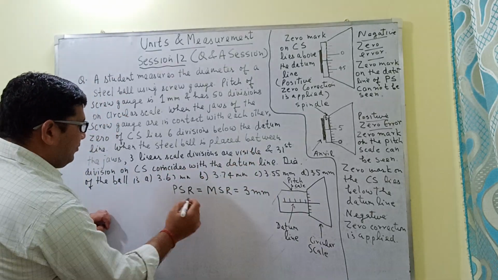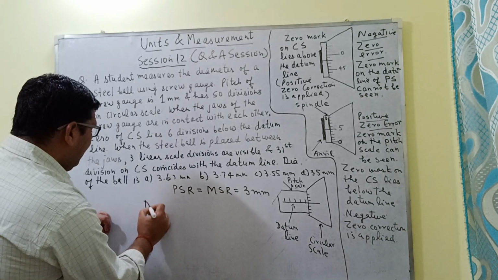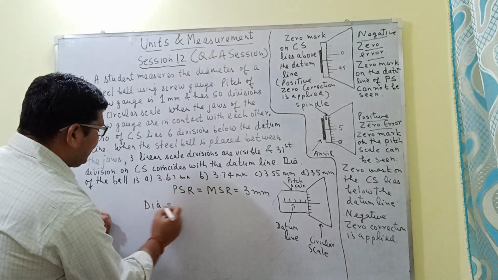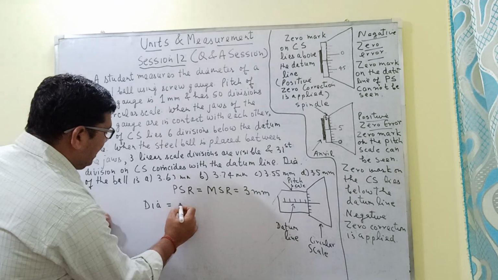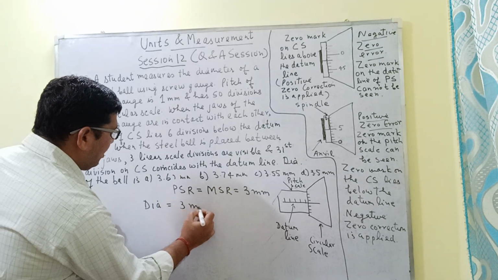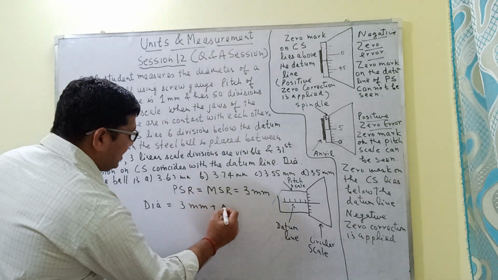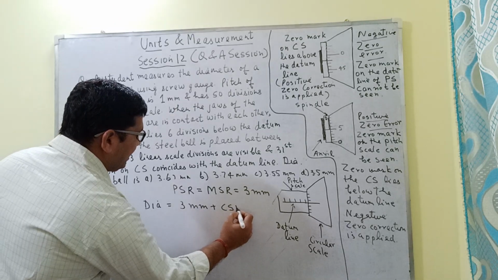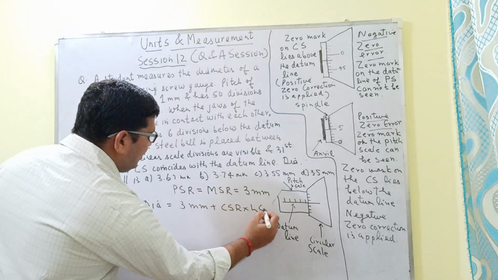So in this case, the diameter of the steel ball will be equal to the main scale reading, which is 3 mm, plus the circular scale reading, that is CSR, into the least count.